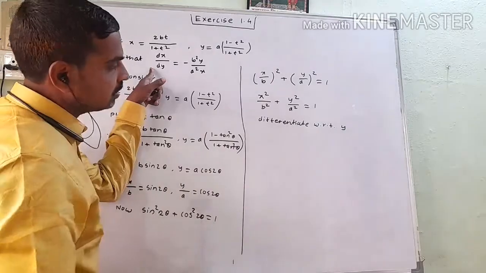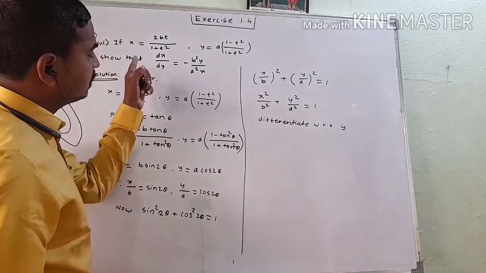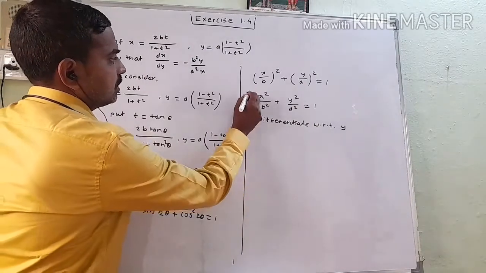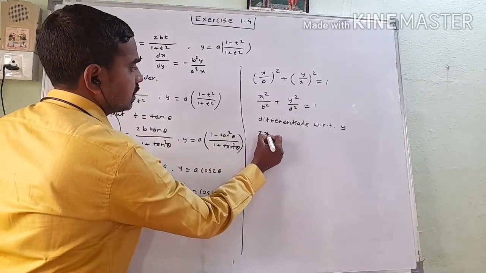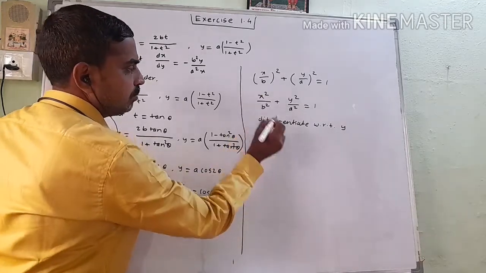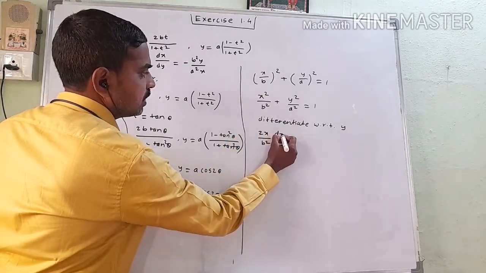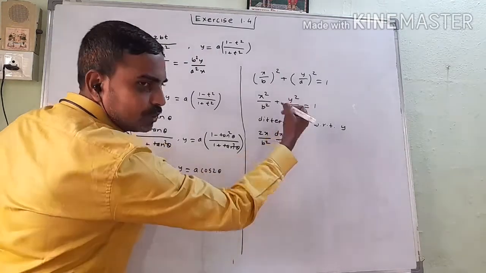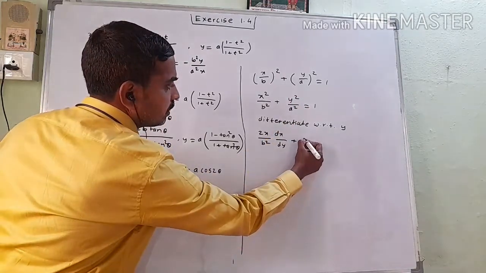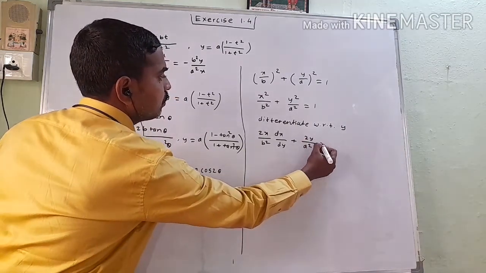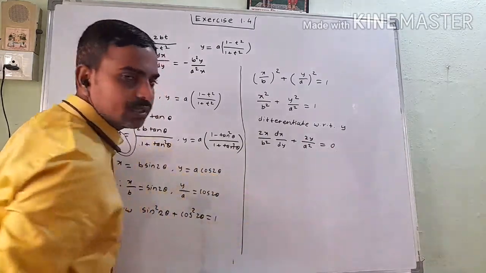Differentiating with respect to y, the derivative will be 2x into 1 by b square, the constant as it is, the derivative of x square is 2x into dx by dy, and the derivative of y square with respect to y is 2y, with 1 by a square constant. The right side derivative is 0.